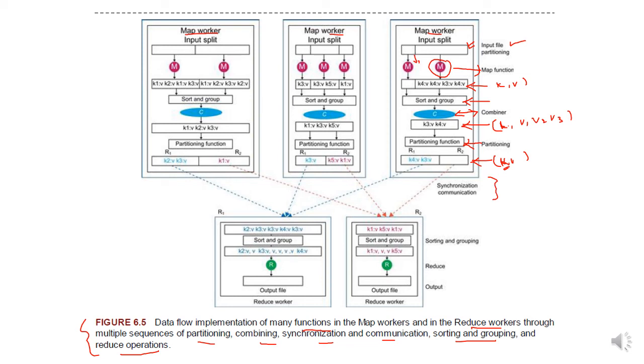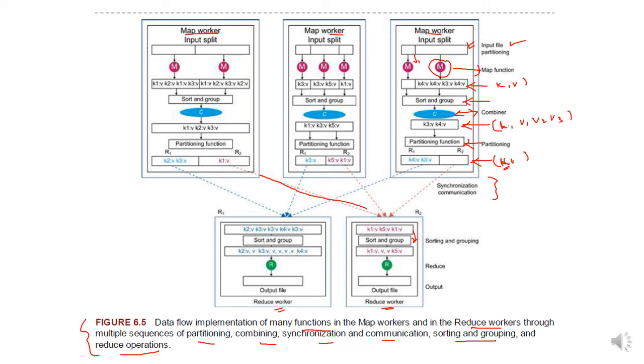After that, the synchronization and communication functionality is used to synchronize all these map functions with the reduce functions. So these are the reduce workers, and sorting and grouping will take place again.